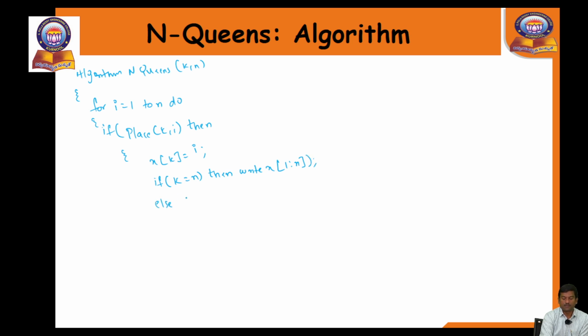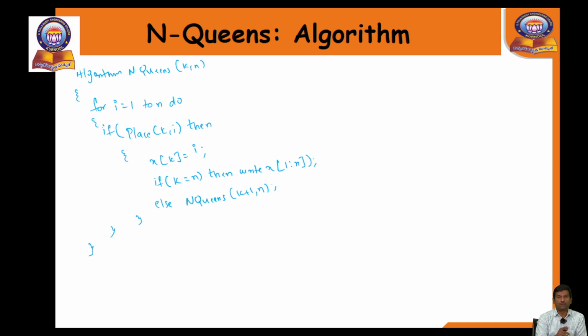Else you recursively call NQueens(k+1, n), and this is how we can write the algorithm for n queens. That is, if you are placing a queen in the respective place, and if it is a feasible solution, then you write that path. If it is not, then backtrack by moving to the next level.